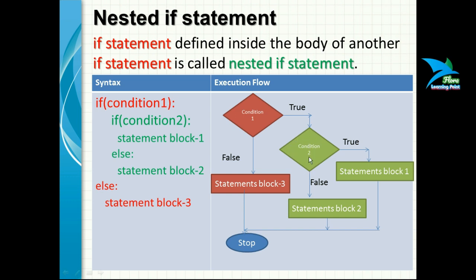If this condition is true, then control will move to statement block 1, and after the execution of this block, the control will move to this location and the program will stop. If the condition is false, then statement block 2 will be executed, and the control will move to this point and the program will stop.